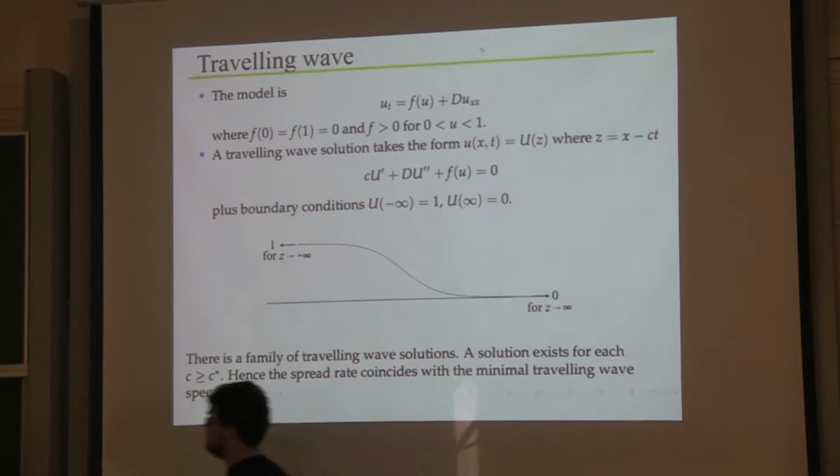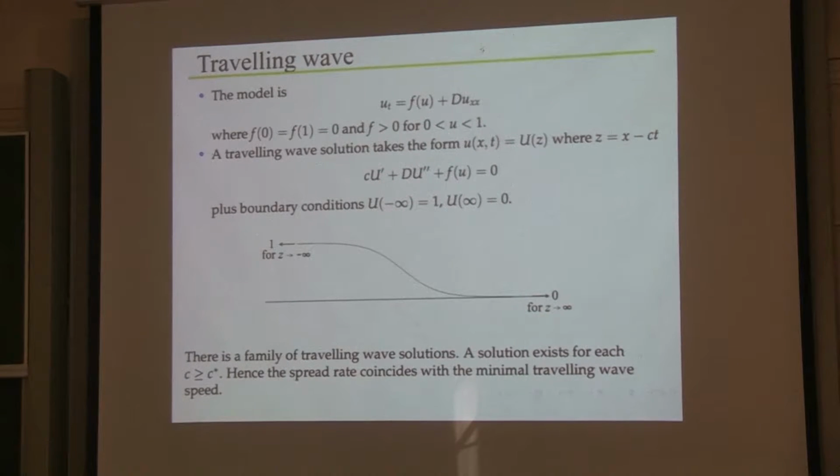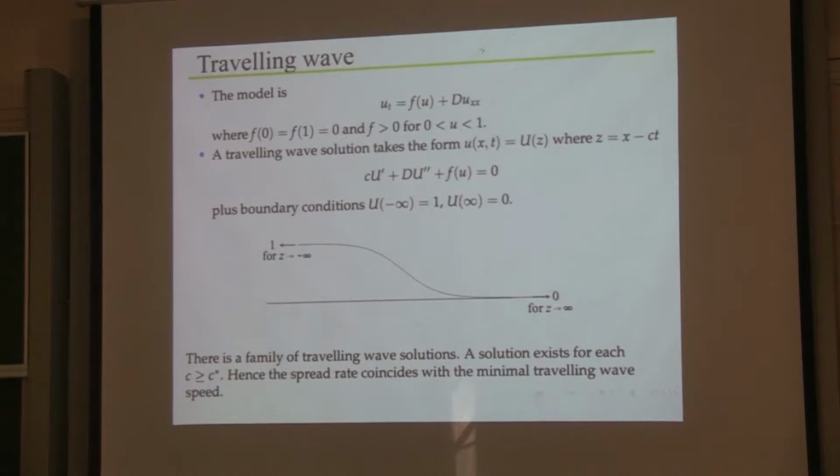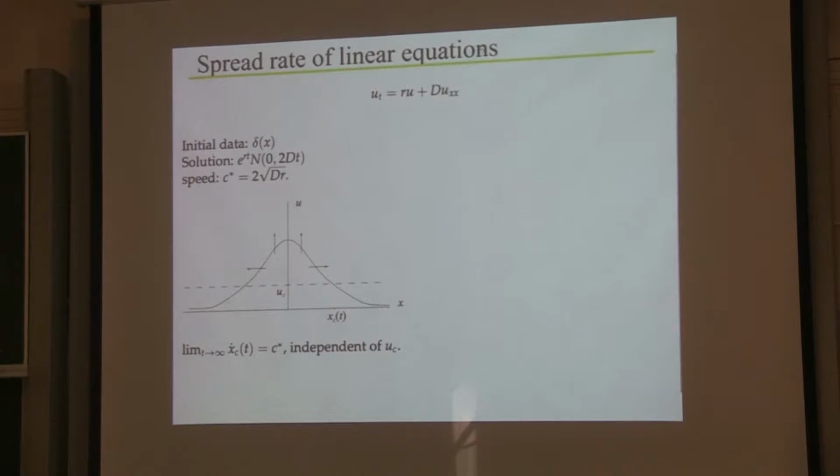And so the idea is that rather than putting the function f in the equation, we would just replace that with r times u. So we've replaced a nonlinear function with a linear function. I better draw it here.